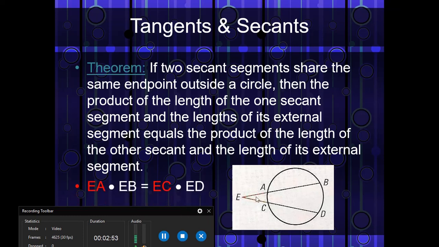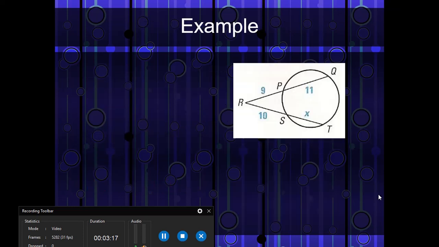What I've done is the external pieces are highlighted in red, so it's EA times the whole secant EB, and that product is equal to EC, the external portion on the other secant, times the whole segment itself, ED. Again, the secants are not necessarily equal. The interior and exterior pieces are not equal. It's just the product is equal.